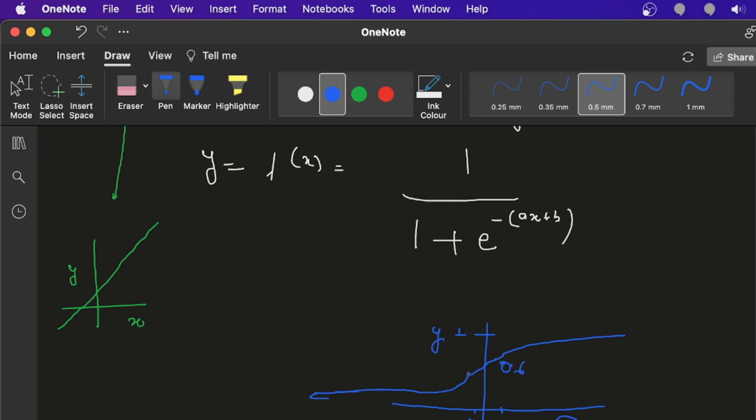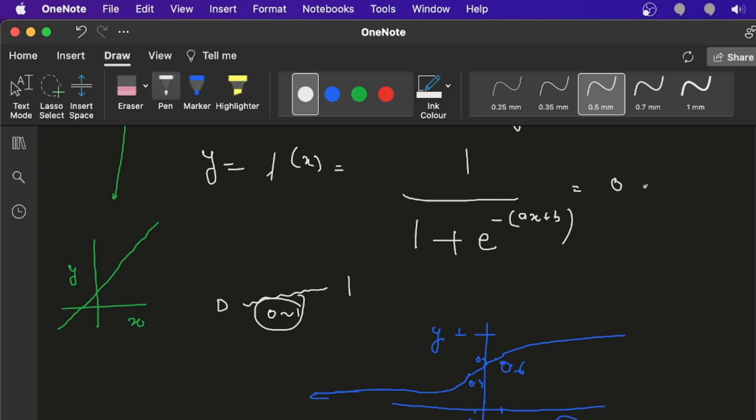For this value it is 0.4, for this 0.5, for this 0.9. This means you are getting a value not exactly 0 or 1, but between 0 and 1. Suppose after passing some value, you get 0.8.